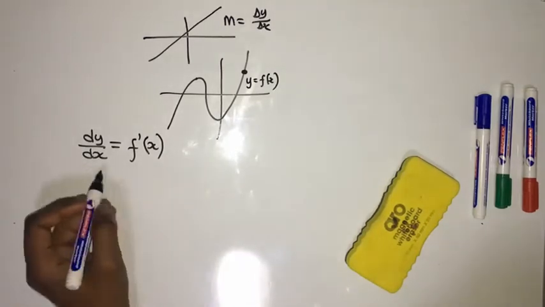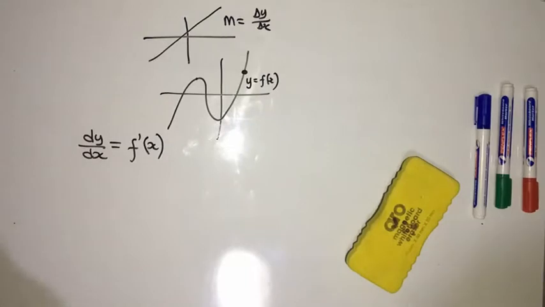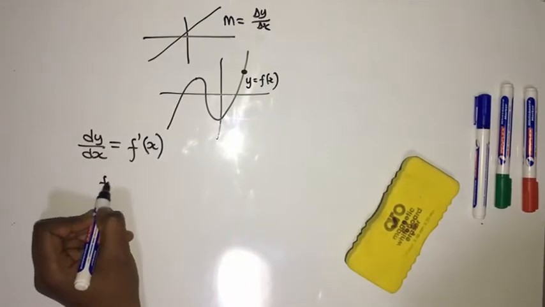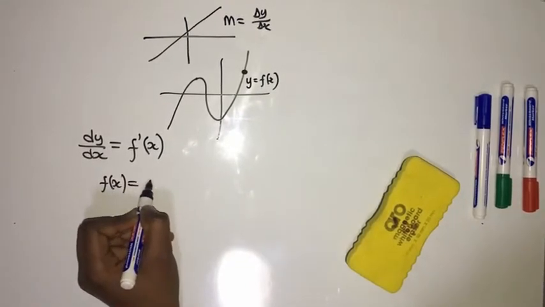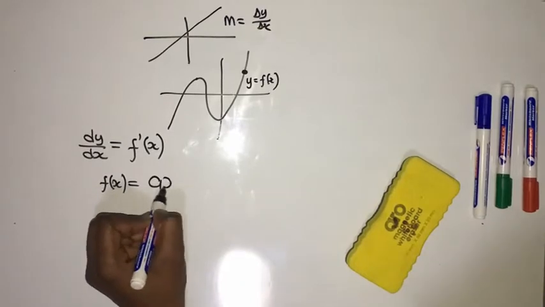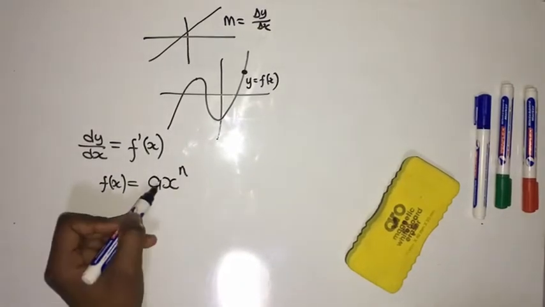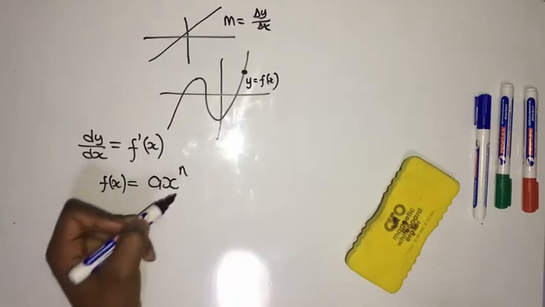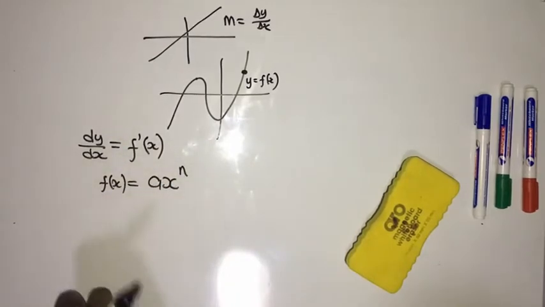All right, so given a polynomial function, let's say you're given f of x, which is basically ax to the n. Remember now your a is a constant and your n is a constant. Both of them are non-zero constants.